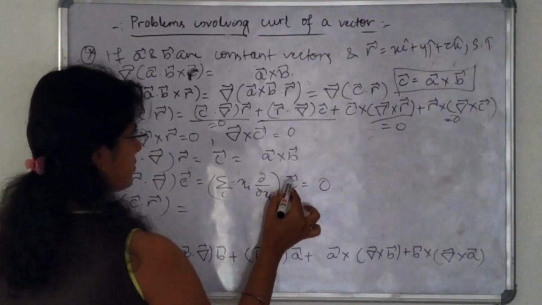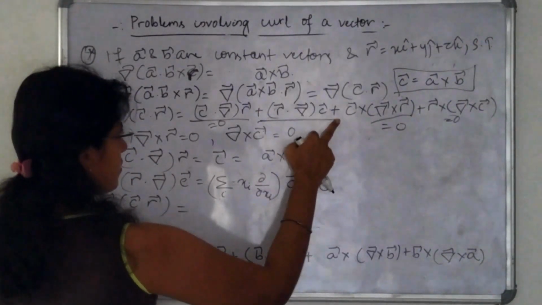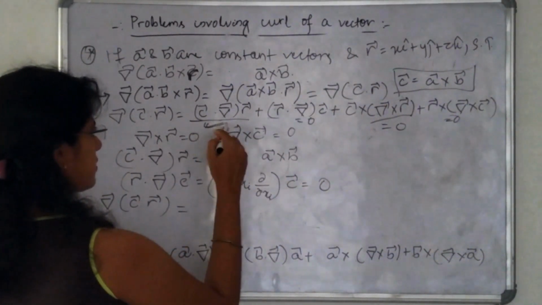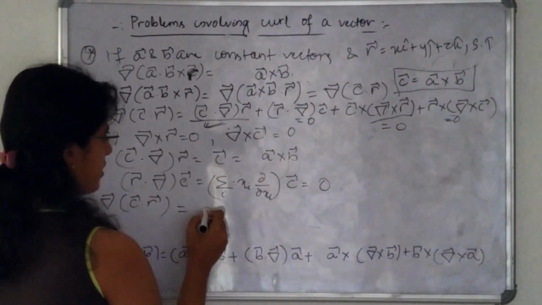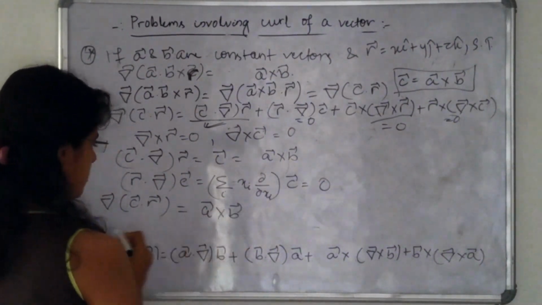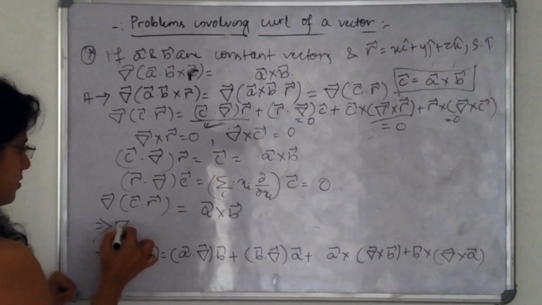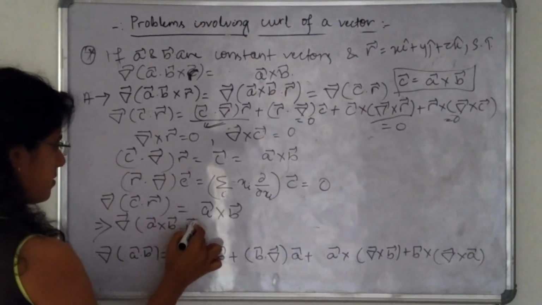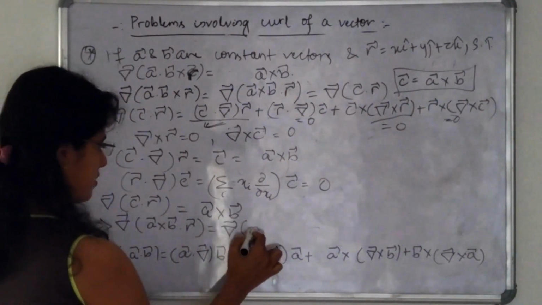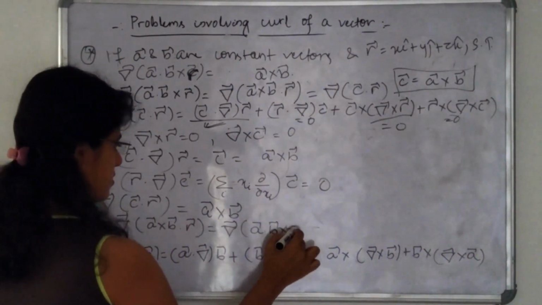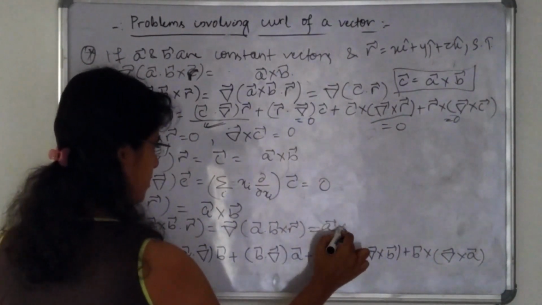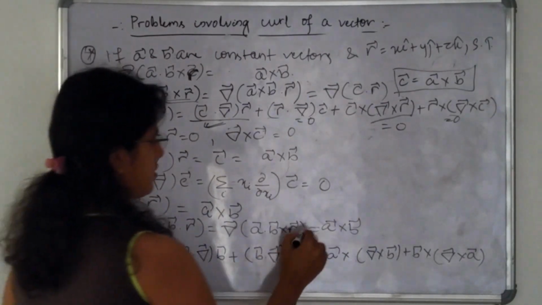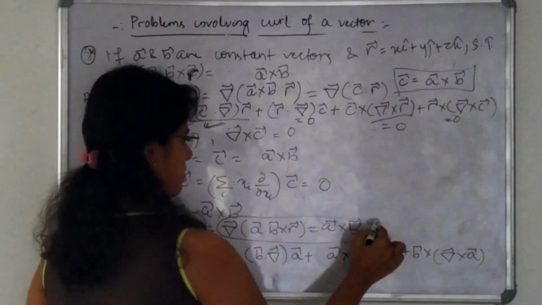So the value of this term is A cross B. If we put the value of C vector, that is A cross B, it is equal to A cross B. Okay, so this is also proved.